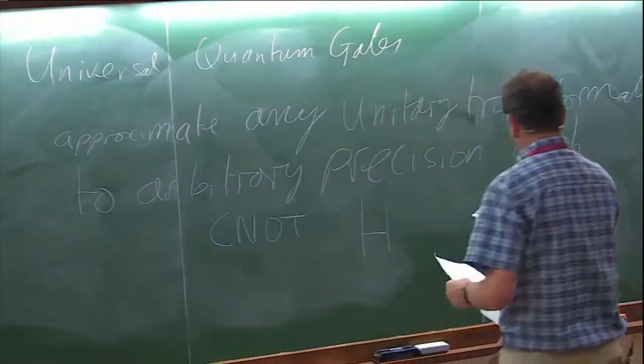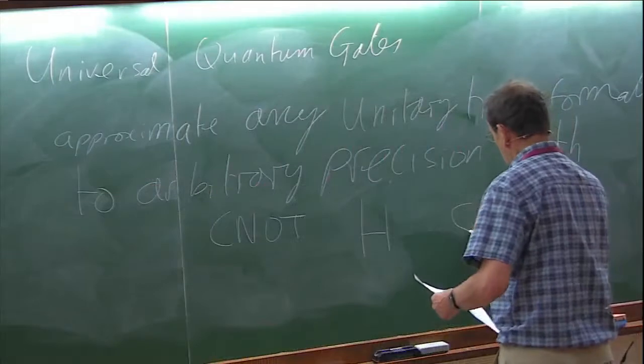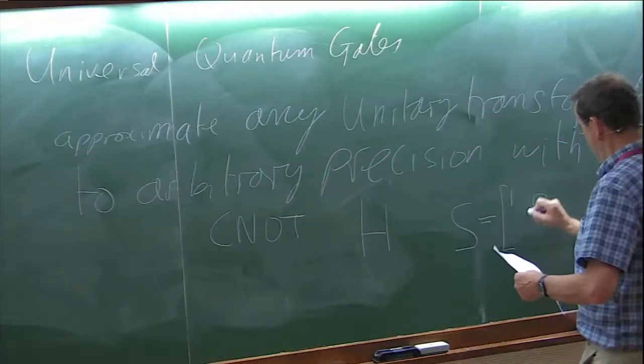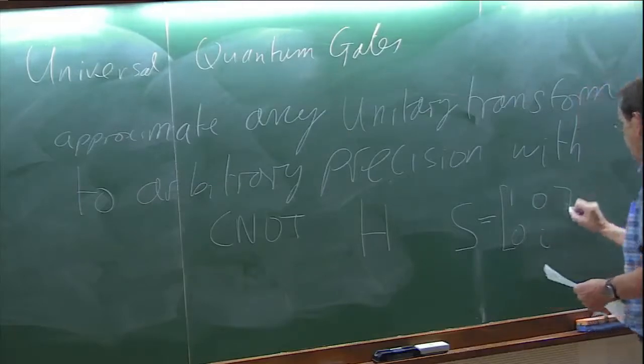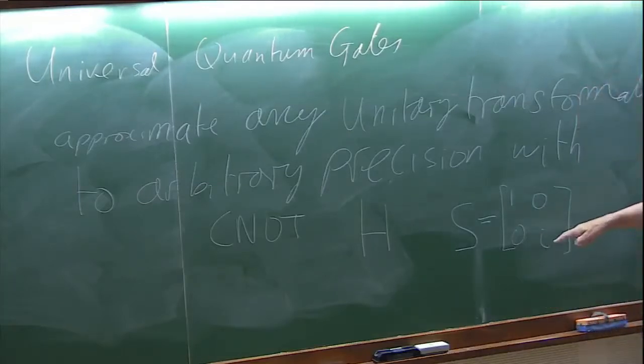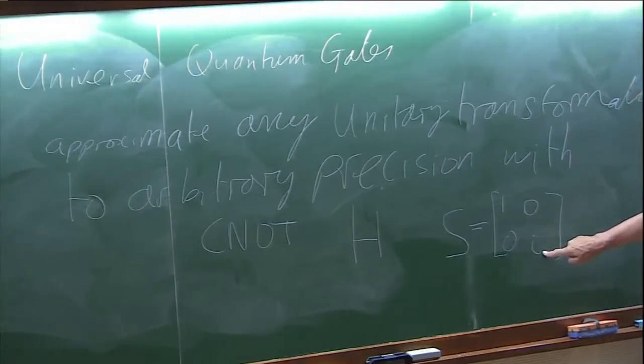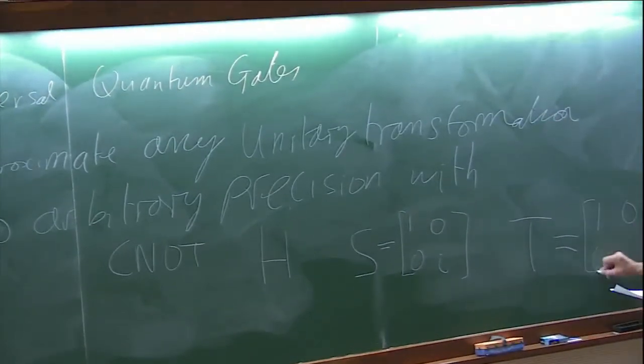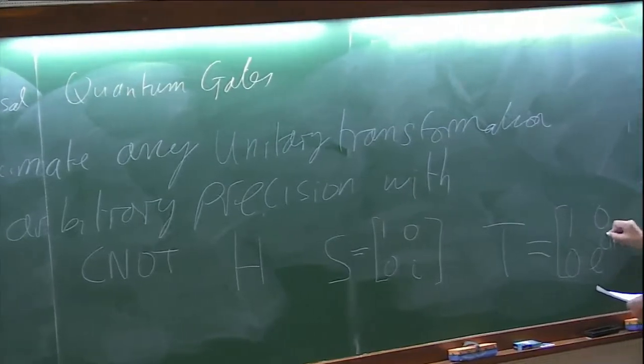And 2 other gates, S and T. Basically S changes the phase of the one basis state not by -1, which is what Z would do, but by i. And T is the same thing, but it changes it by e to the i pi over 4.